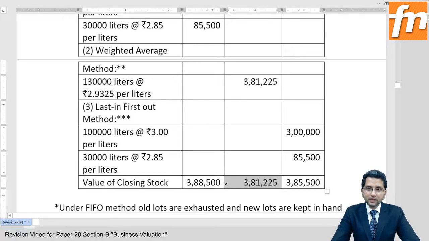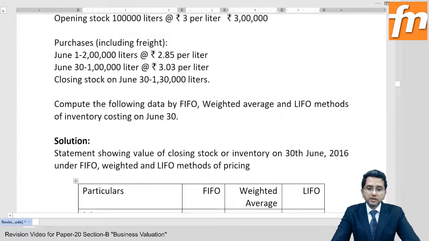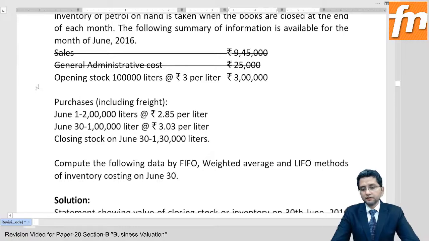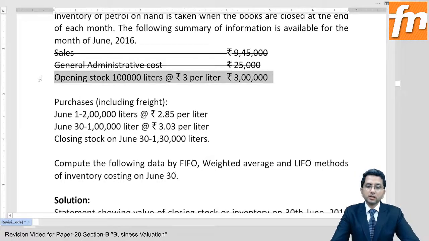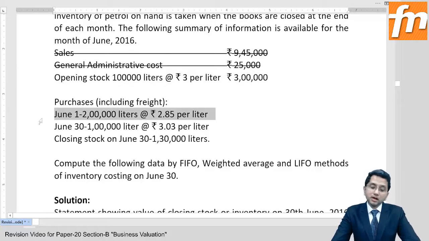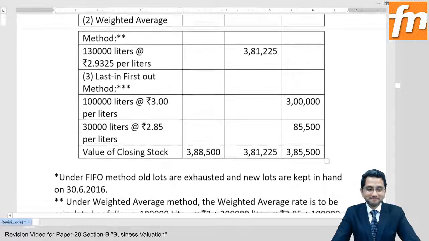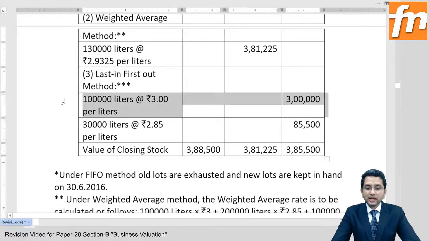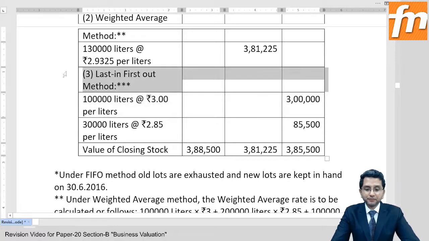3,81,225. If you are following LIFO, last in, first out, then the first 1 lakh unit should be in your stock at 3 lakh rupees. And 30,000 units should come from this purchase of 2.85. So look here, 1 lakh liters at 3 rupees per unit, it's 3 lakh under LIFO.